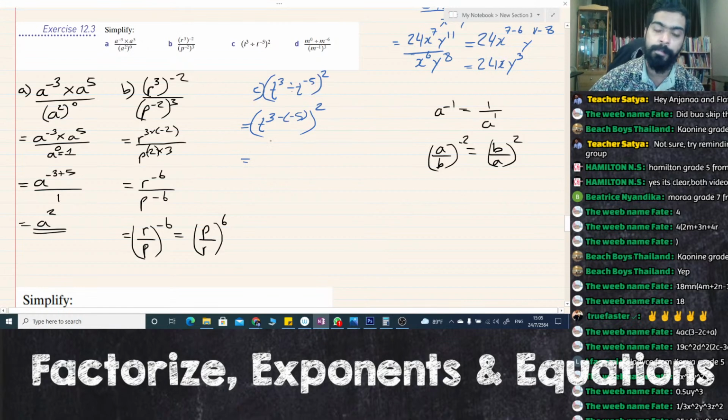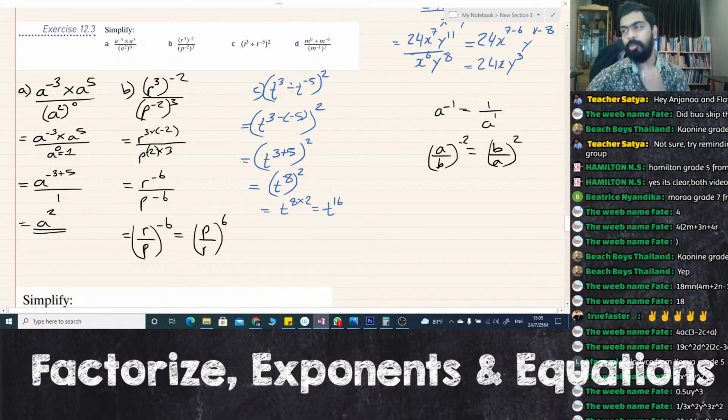So inside the bracket we would have t raised to the power of 3 plus 5, and all of this to the power of 2, which is equal to t to the power of 8, to the power of 2. Now using the third law, we have t to the power of 8 times 2, which is equal to t to the power of 16. So we would have t to the power of 16.